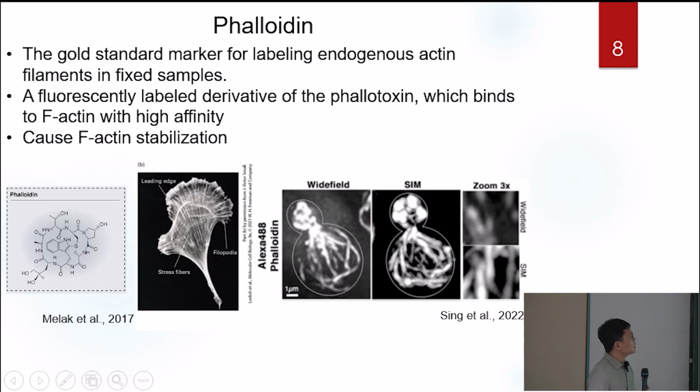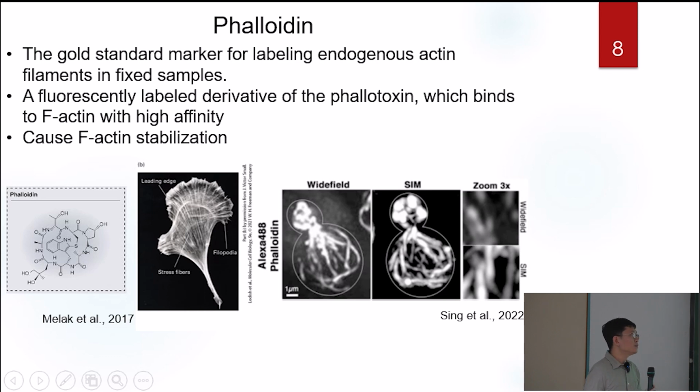Because it binds F-actin with high affinity, after it binds, it indeed stabilizes the F-actin. So the actin dynamics will be affected. So it's not good for live imaging, but it's really good for fixed samples.